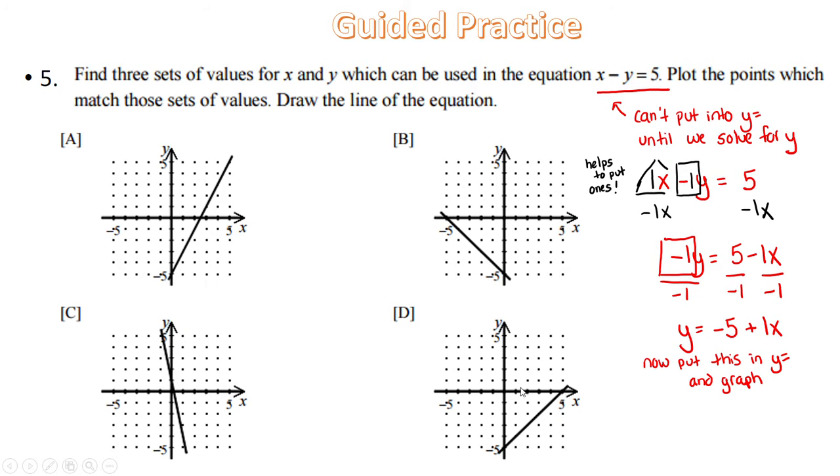Now, here's something that is a little thing. If you don't want to use your y equals key and you want to know how to do this by hand, the number that doesn't have the x with it, that's where it hits the y-axis, so it has to start. So if you notice, only A and B start on the y-axis at negative 5, or hit at negative 5.